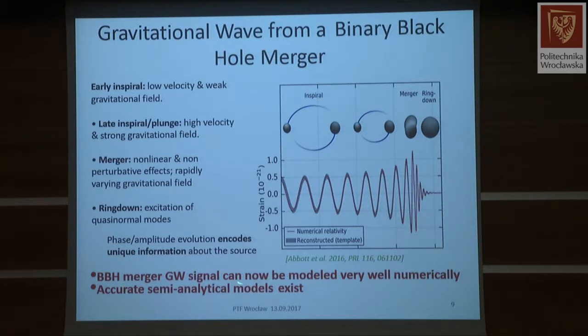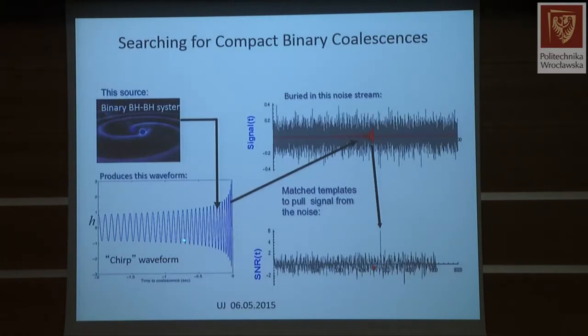We also have very accurate analytical or semi-analytical models, which are needed for extracting the signals from the noise. This signal is buried in the noise in the detector, and the basic method for detecting these signals is correlating the data with the predicted waveforms. What you get at the output, when there is a signal in the noise, is a large peak, whose size depends on how strong the signal is.